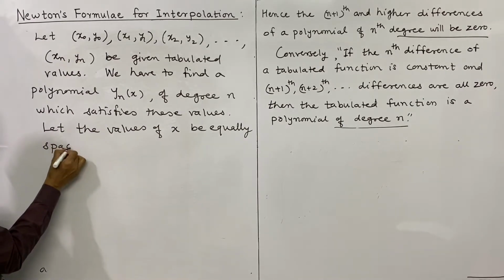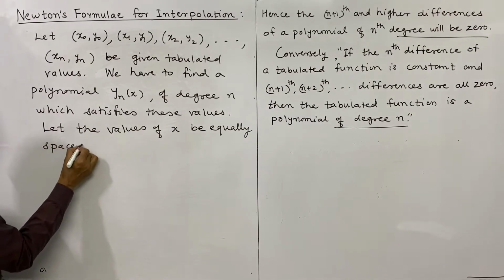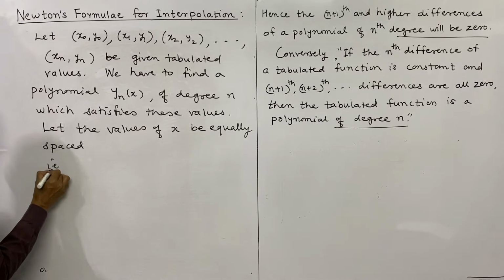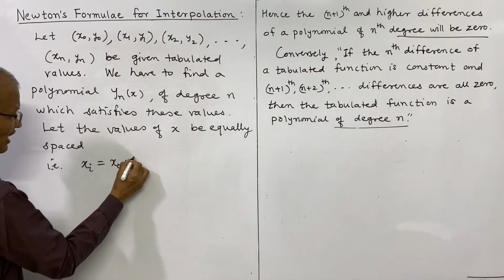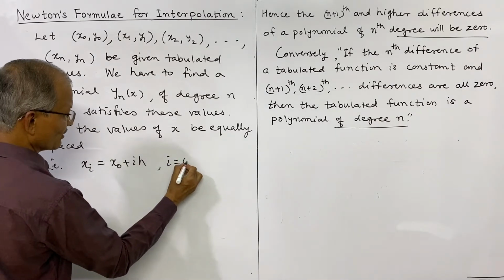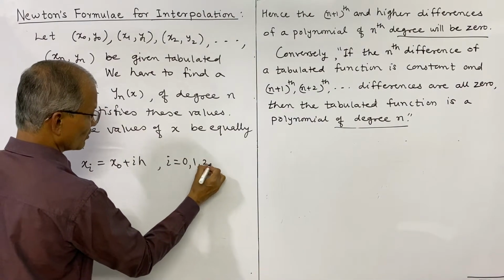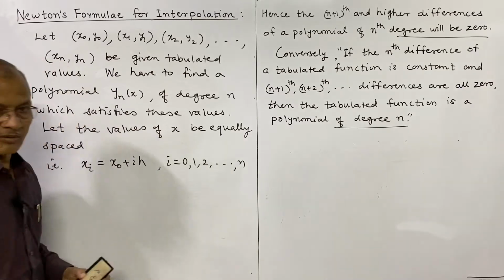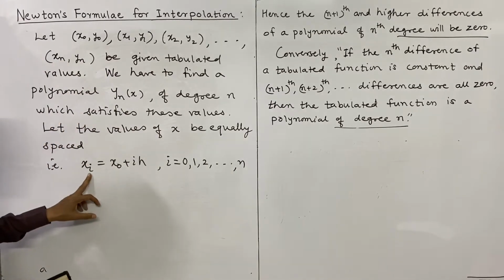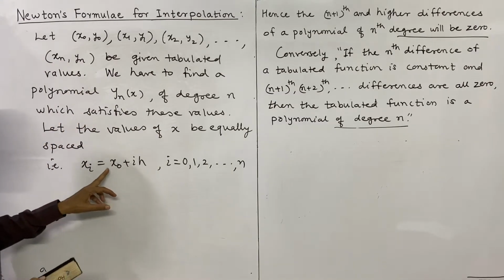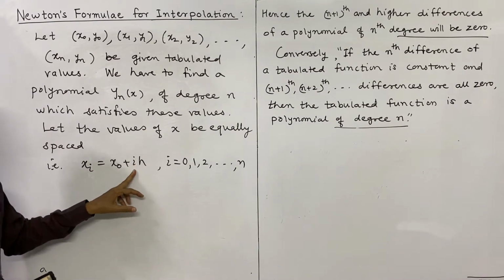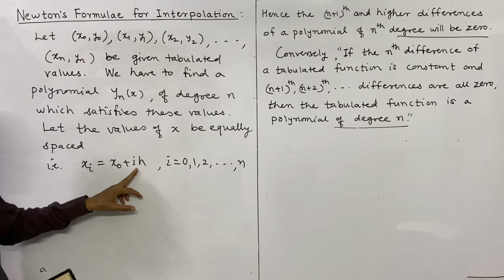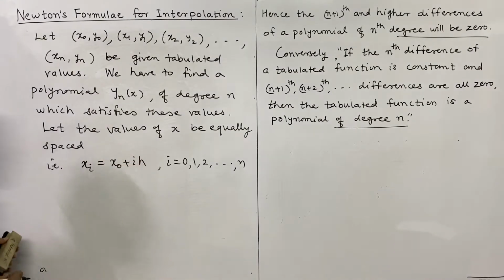Equally spaced means the difference is a constant, that is, we have xi equal to x naught plus ih, and i takes values 0, 1, 2 up to n. So the meaning of this is x naught is equal to x naught, for i is 0, and x1 is equal to x naught plus h, x2 is equal to x naught plus 2h, and so on. So this is the meaning.